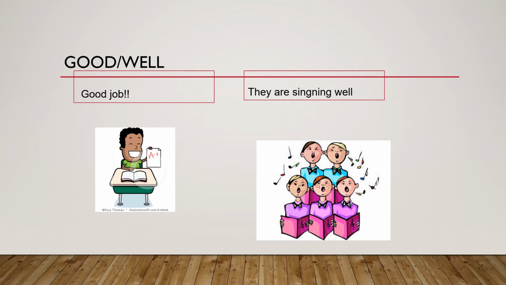They are singing well. Now, maybe you will hear when you travel to the United States or somewhere that some people say they sing good. One thing is that people say that, and another thing is that it's correct. It is not correct to say they are singing good. The correct form is they are singing well.